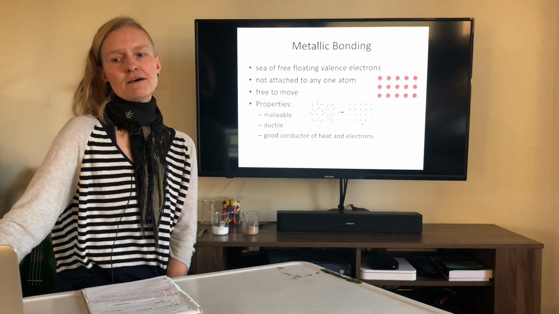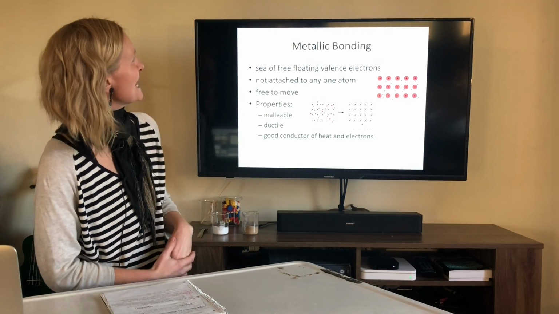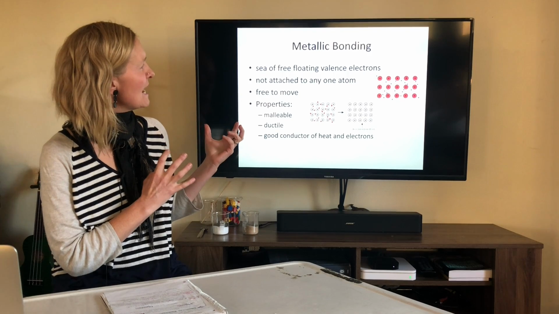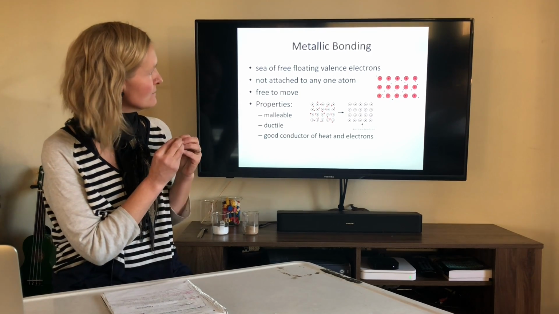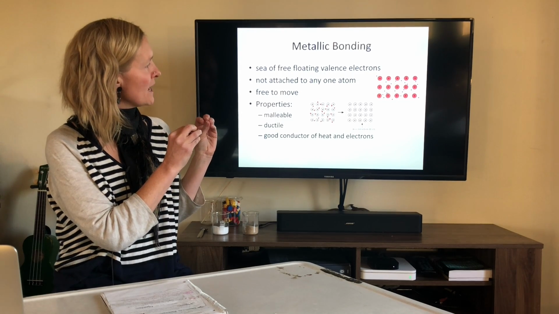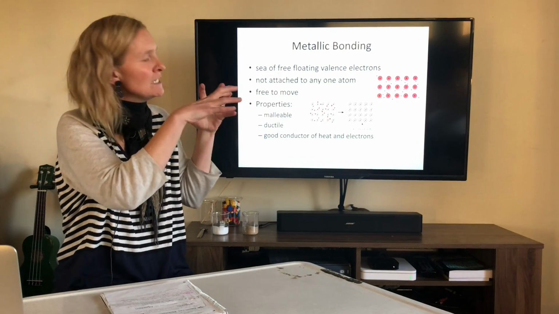And here we have the metallic bonding, which I forgot to talk about. The metallic bonding, just to go back, is showing how metal atoms are overlapping, and all those valence electrons are kind of just being shared.